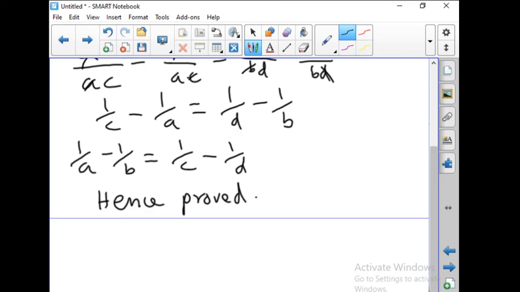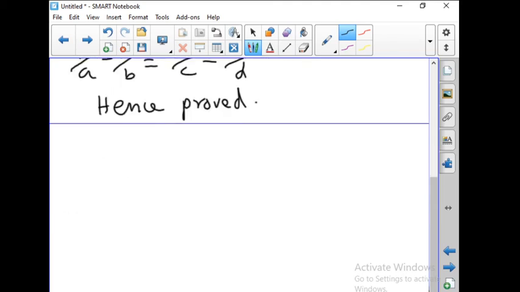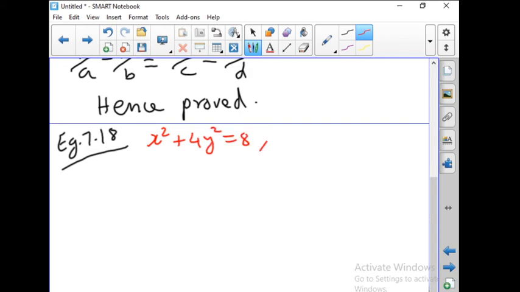Okay, so this is an important 5 mark question. Now we'll see the last example, Example 7.18. Prove that the ellipse x square plus 4y square is equal to 8 and the hyperbola x square minus 2y square is equal to 4 intersect orthogonally.